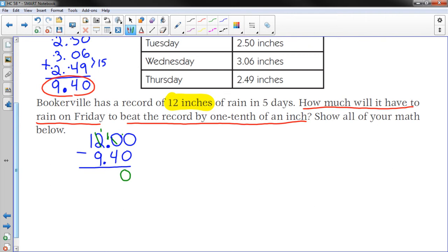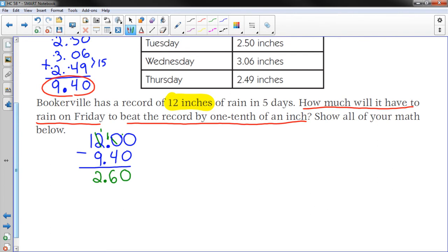So I got a 10 minus 4 is 6. And that's not a 12 anymore, remember. That's an 11. So 11 minus 9 is 2. I have a decimal.